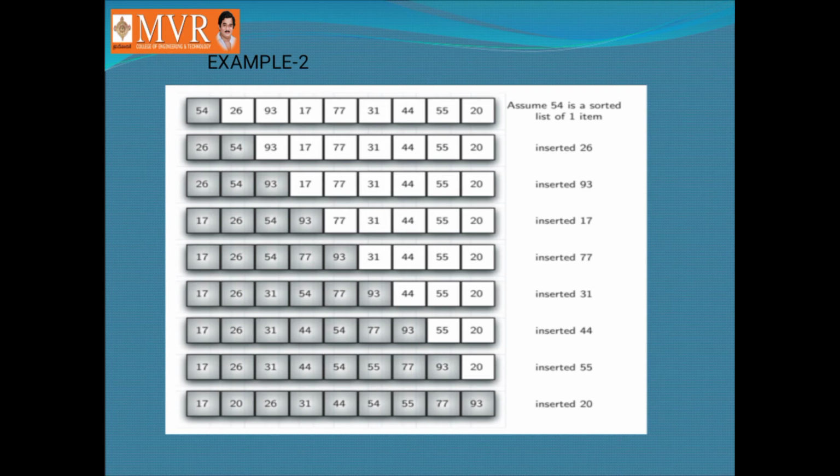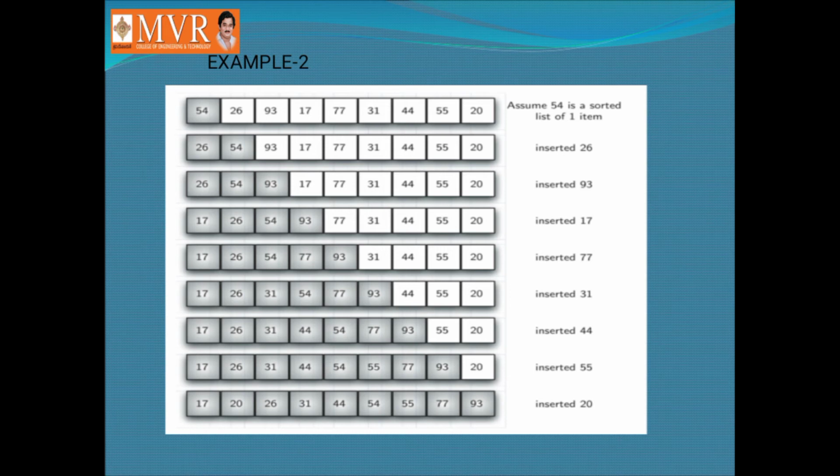After that, in step 2, I compare 54 with the next position element. Since they are not in order, I swap them. After swapping, my list becomes 26, 54, 93, 17, 77, 31, 44, 55 and 20. That is the second step.